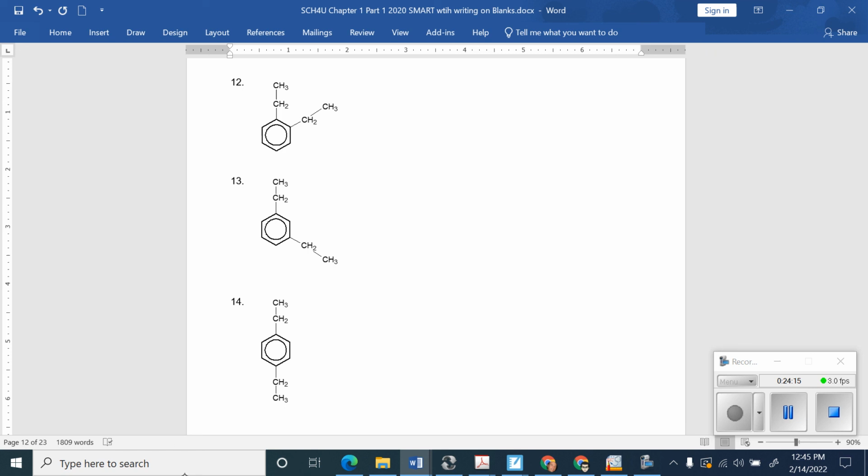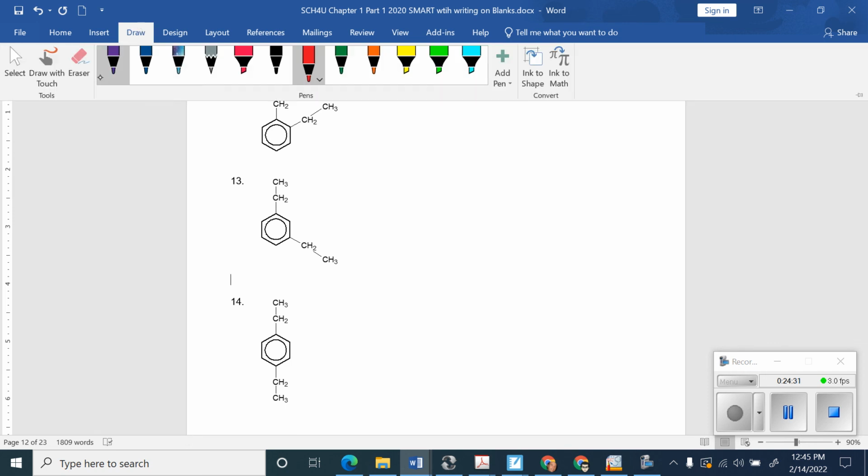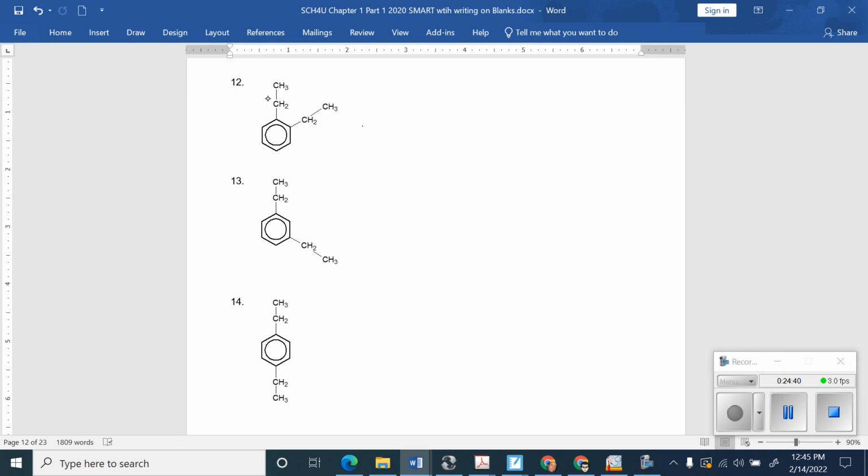In the case of 12, 13, and 14, we have ethyl groups, ethyl groups, ethyl groups, right? So it looks like a diethylbenzene. It's a little small to put my numbers on, but you can imagine the numbers. Right, so this is going to be a 1,2, so 1,2-diethylbenzene.